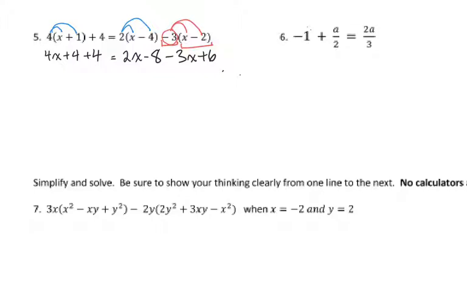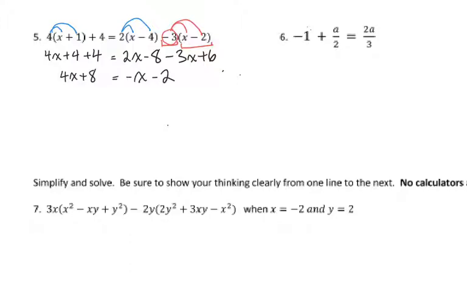So let's do that right now. On the left side, we're going to get 4x plus 8, which is equal to, well, 2x minus 3x is minus x. Negative 8 plus 6 is minus 2.